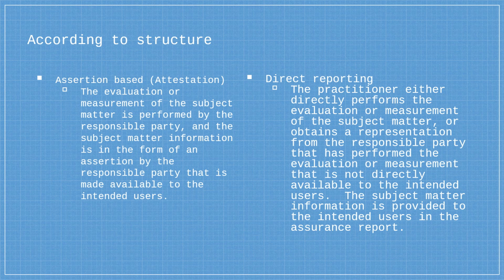It is in the availability of the subject matter information to the intended users. In the case of a direct reporting engagement, without the practitioner, the intended users will never get hold of the subject matter information. The subject matter information or the report is provided to the intended users in the assurance report. So, like what we have said, the main difference simply lies in the availability of the report.